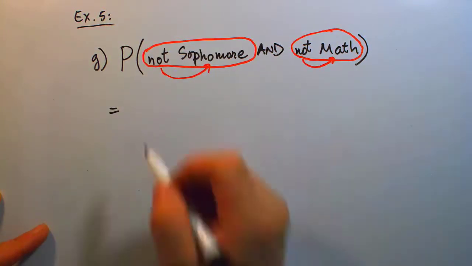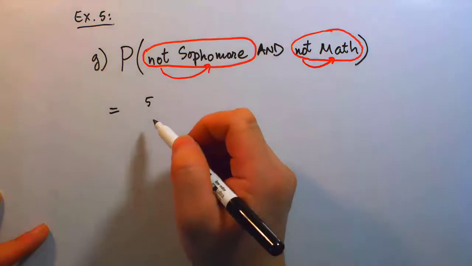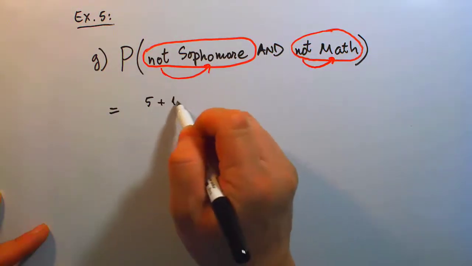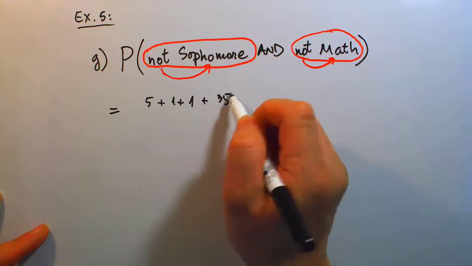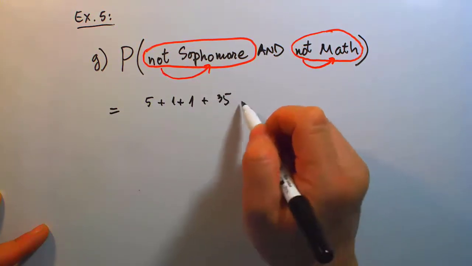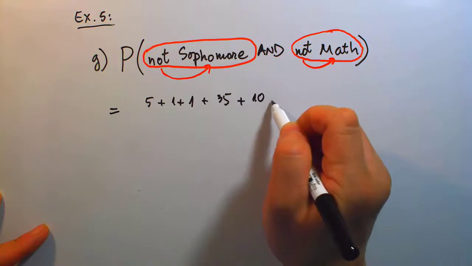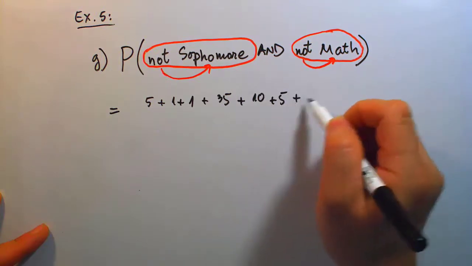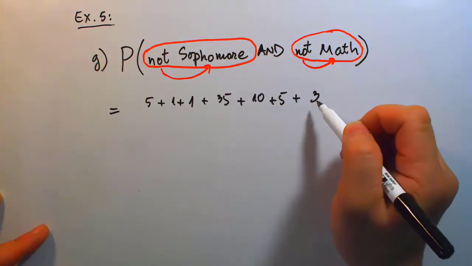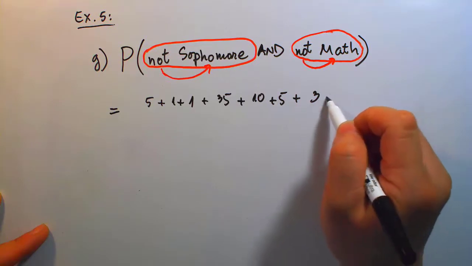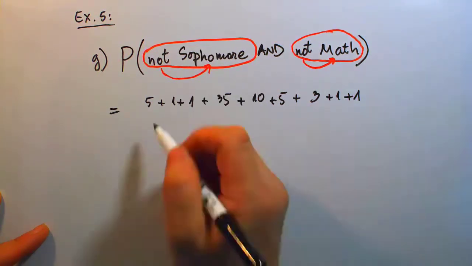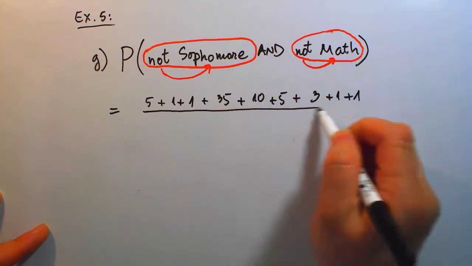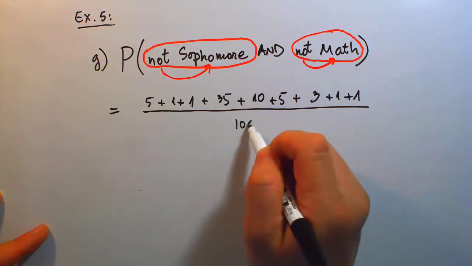We got 5 in column 1, plus 1, and we have 35 here in column 3, plus 10, plus 5, and we have another 3 in column 4, plus 1, and all of these different entries right here being totaled up and divided by 104.